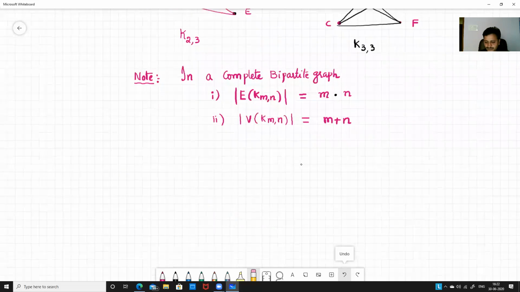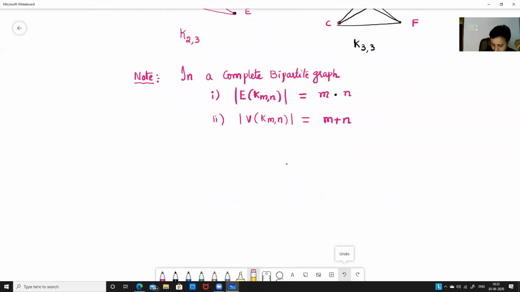Right. Next. And the third important point, the most important point, is the maximum number of edges in a bipartite graph.